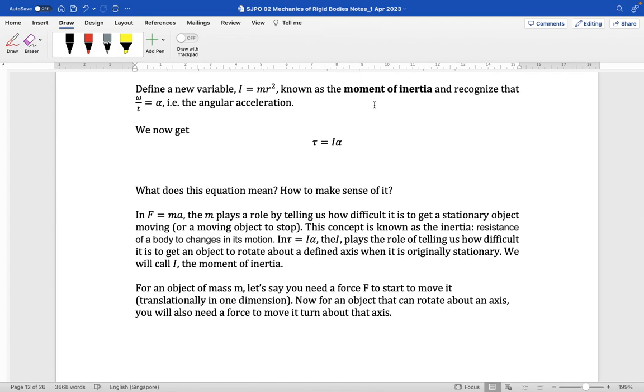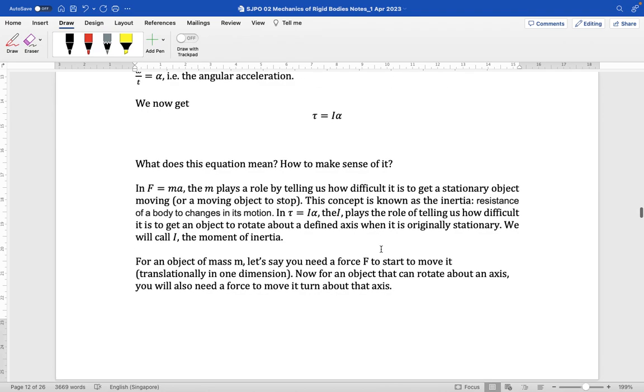So the moment of inertia is also a concept of resistance to start rolling across a floor. If the moment of inertia is very large, it is more difficult for this object to start rotating about a defined axis if it is originally at rest.